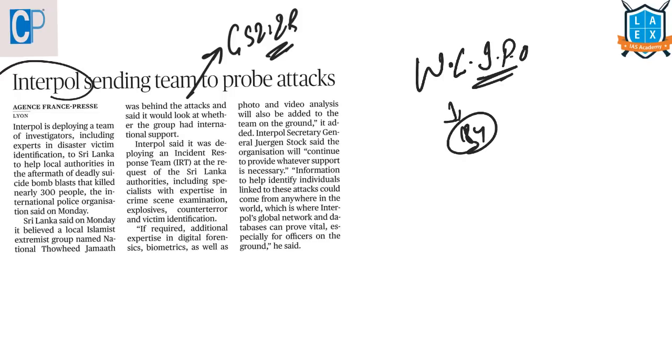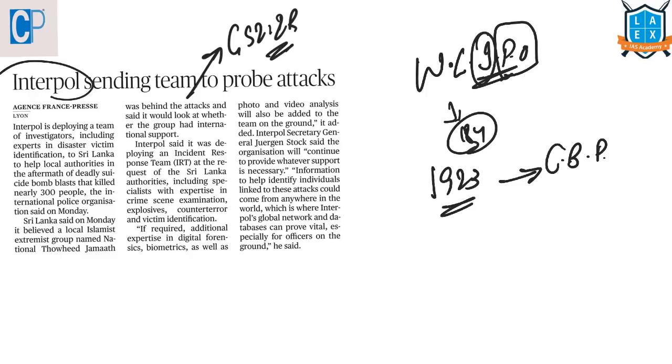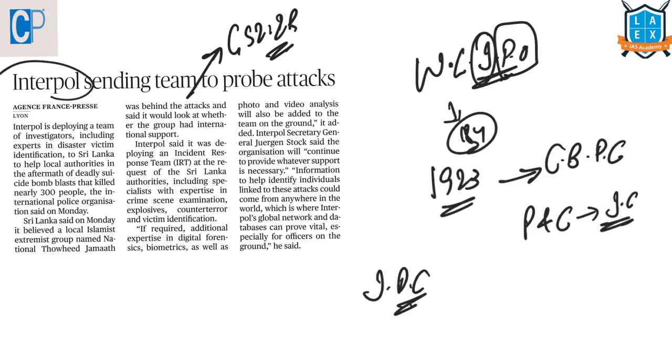This was established in 1923 in order to enable cross-border police cooperation and support and assist all other organizations, authorities, and render services in order to prevent and combat international crime. The main objective of this Interpol is to facilitate international police cooperation, even where there are no diplomatic relations between certain countries.